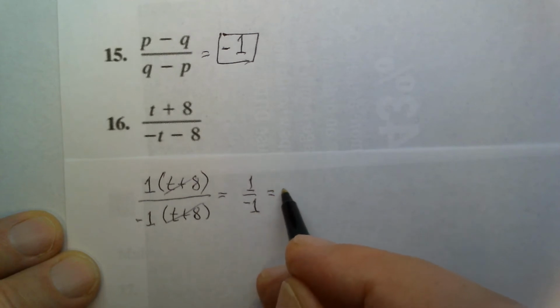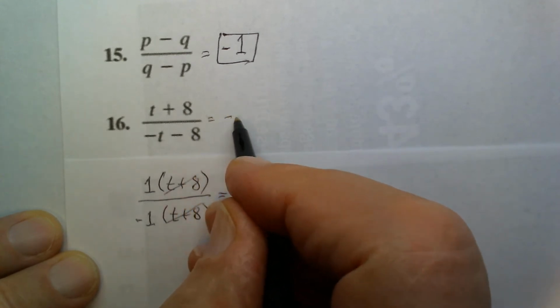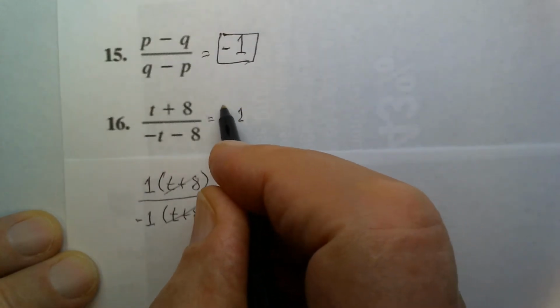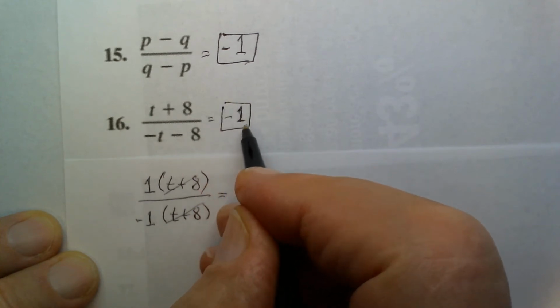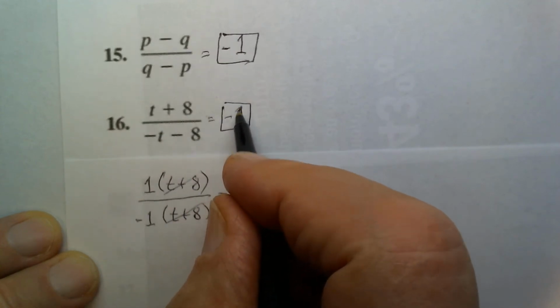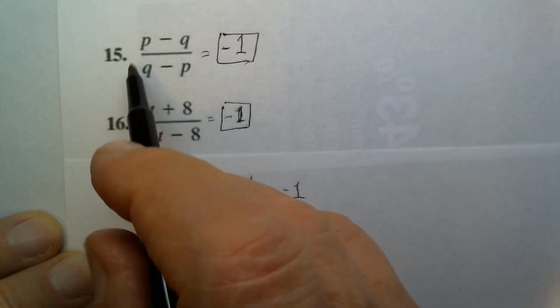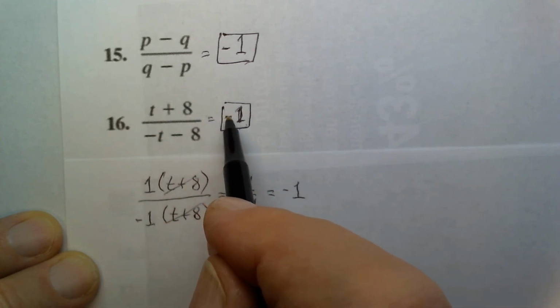And that is equal to -1. So that would be the answer to number 16, -1. And notice that the answer is independent of the variables. It's always equal to -1 when you have expressions like this or like that. The answer is -1.